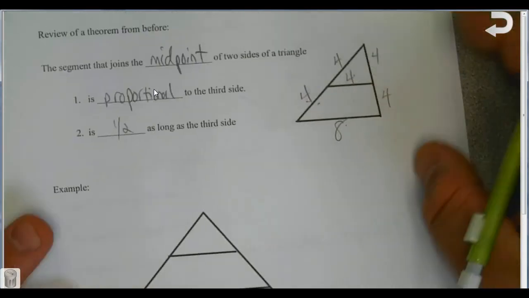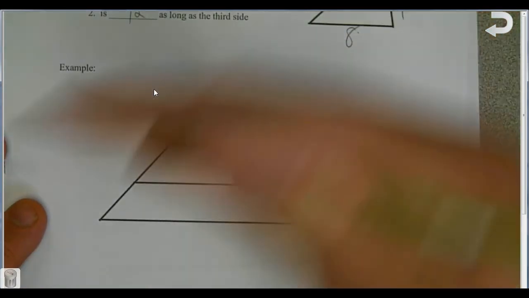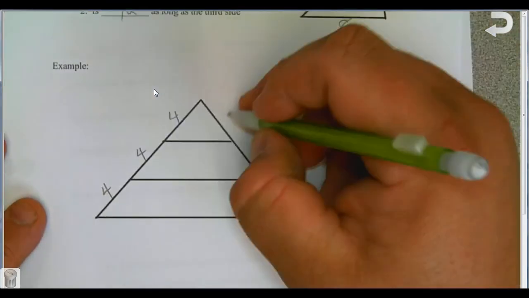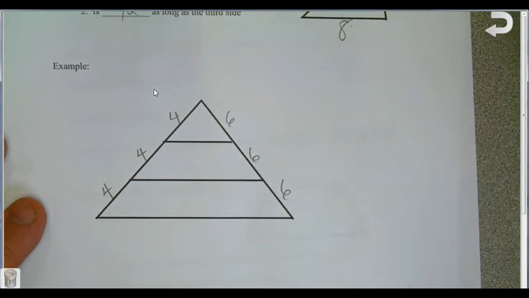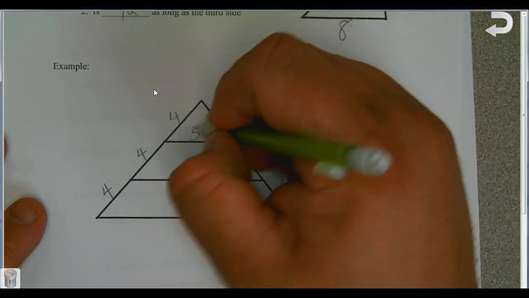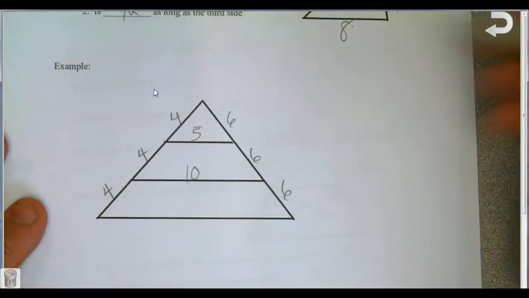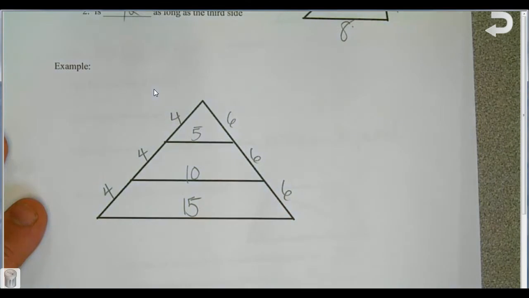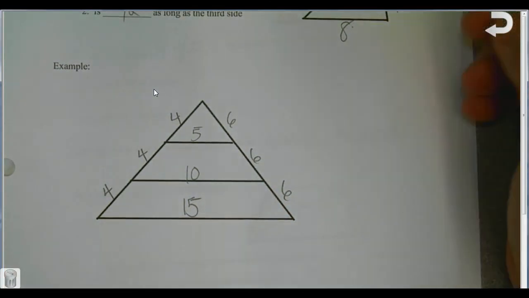And we've talked about that in the past. And so, as this builds up, if this is 4 all the way down and this is 6 all the way down, then we can certainly find a ratio if this is 5. So then this would be 10 and this would be 15. And so, we've talked about that as we've gone on throughout.